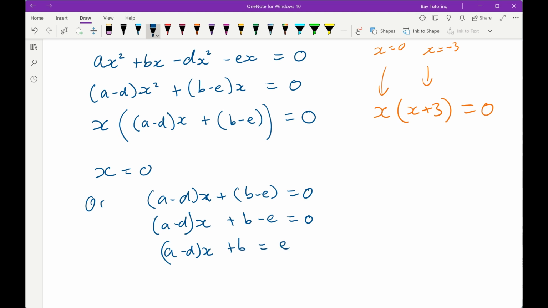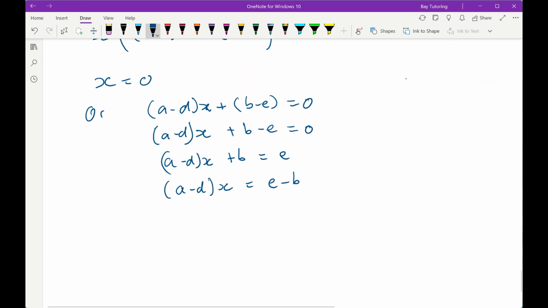And then we will take away b. So e take away b. And now to get x by itself, divide by the bracket, so a minus d. So that means on the other side we've got e minus b over a minus d. So that is our other solution.